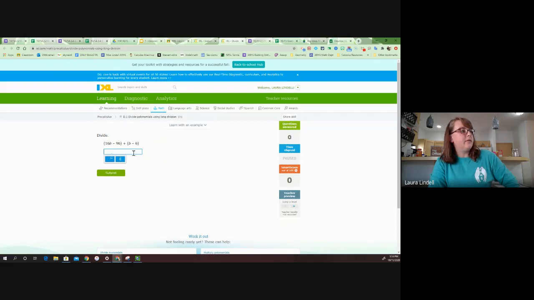With these divide-using-long-division ones, this one's a pretty short one. We'll do that example and then, if anyone wants to see more, we can talk about it. 16b minus 96 divided by b minus 6.